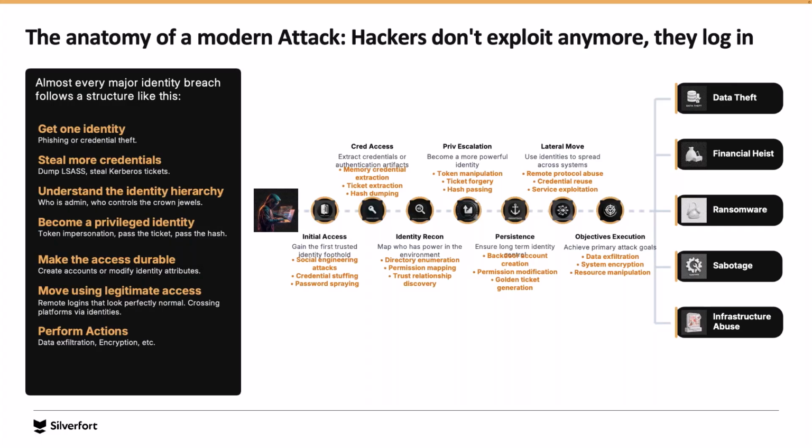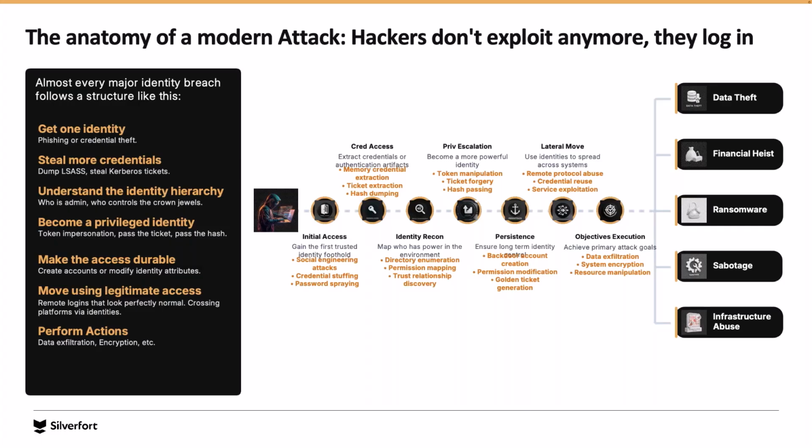And then you're working yourself, sorry, not you, the hacker working himself in order to become a privileged identity, by either trying to escalate the privileges of the identity that he actually took over, or to hop over to another identity. Then obviously you're creating another identity, or you're trying to establish persistency or durability of your foothold, and then you're moving using the legitimate access that you just got.